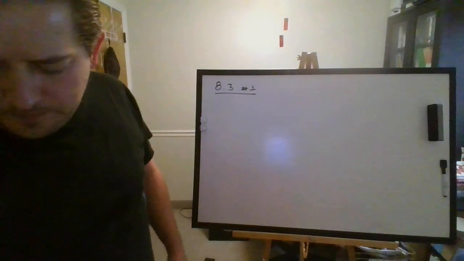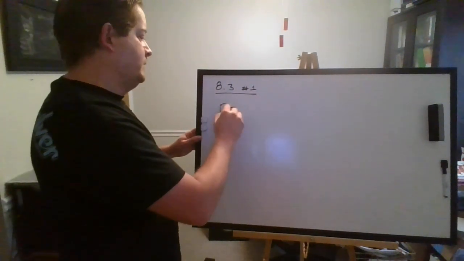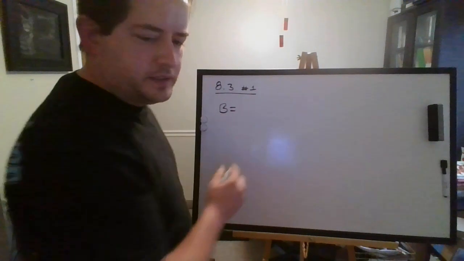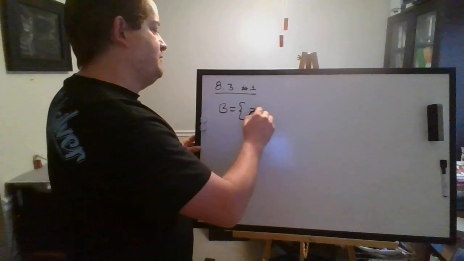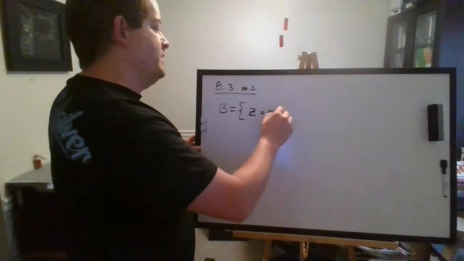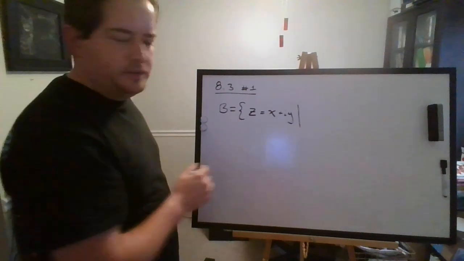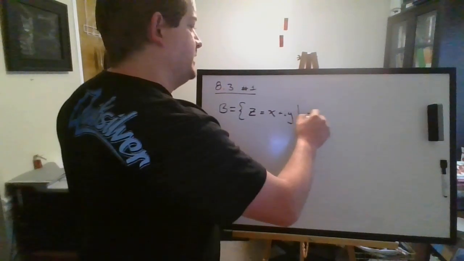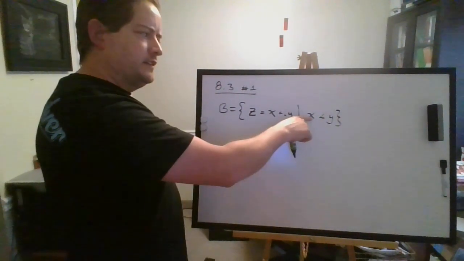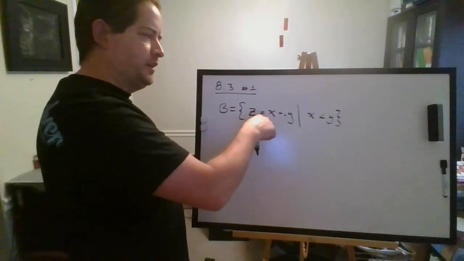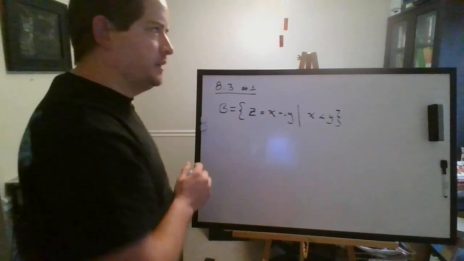Let's look at B. Set B is the set of all z values. And we're going to rewrite these z values as x plus iy. Because the condition is on x and y, that condition is that x has to be less than y. That is to say that the real portion of the complex number has to be less than the imaginary portion of the complex number.